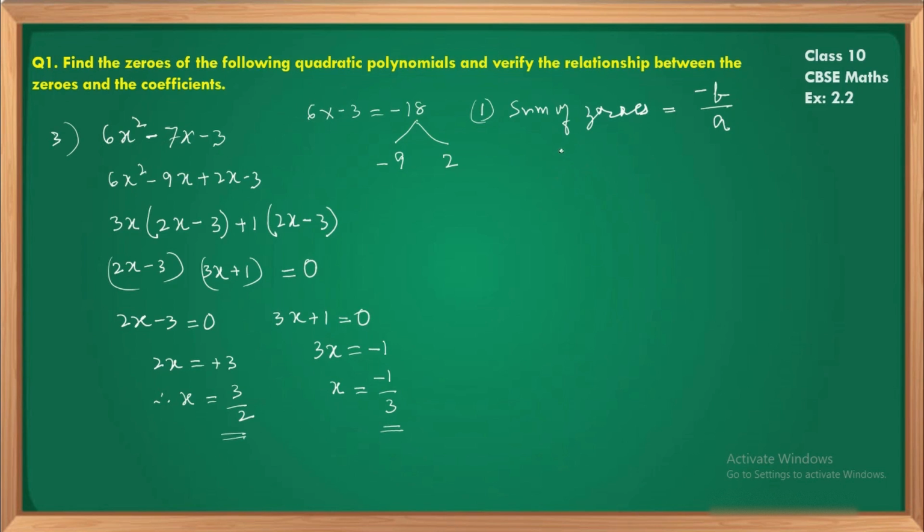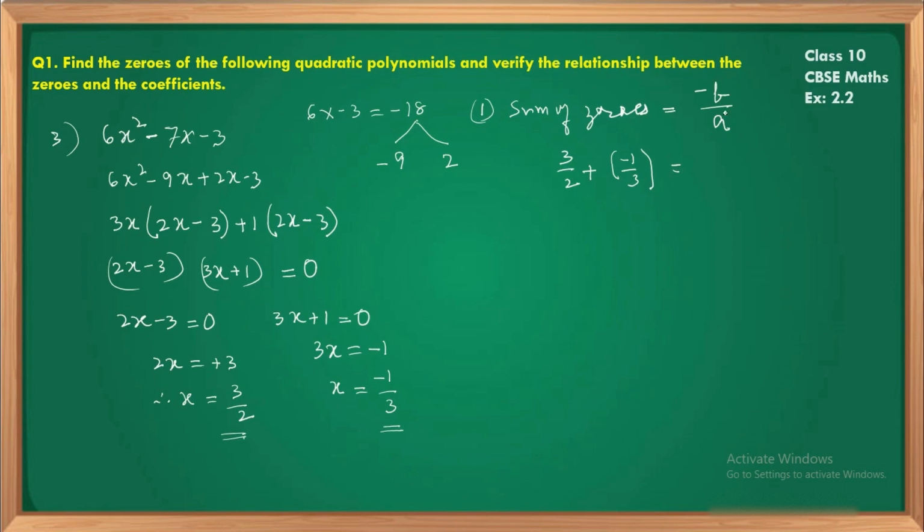Sum is 3 by 2 plus of minus 1 by 3. You should be very careful when you have minus signs. So put brackets so that you don't mess up things. This is sum, so it should be added with the plus mark. But for one you have minus, so be very careful to put a bracket.